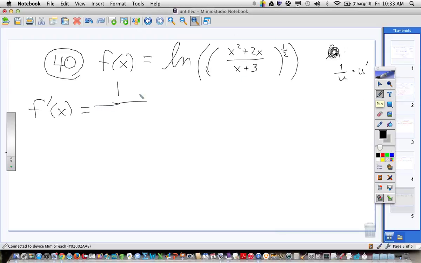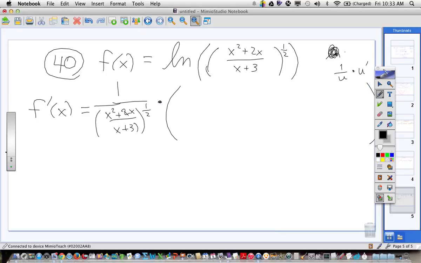So 1 over the inside stuff. Now on this one, I might leave it as square root, but whatever you'd rather write. But so all that stuff on the inside, x squared plus 2x over x plus 3, all to the 1/2, right? The whole inside, that's going to be on the bottom. So it's 1 over u, and then times u prime.